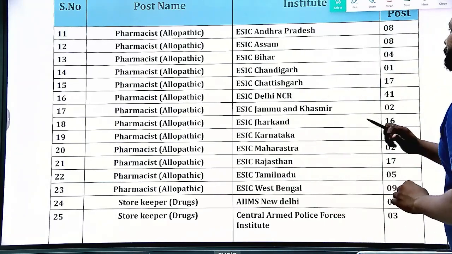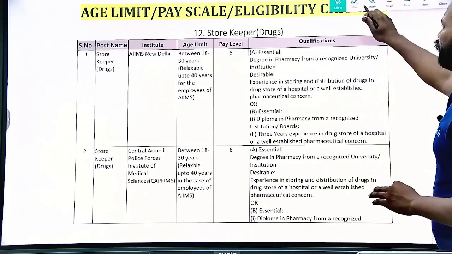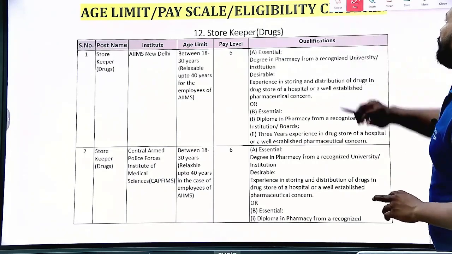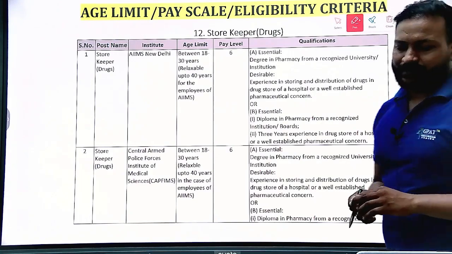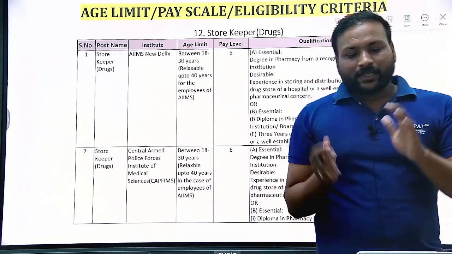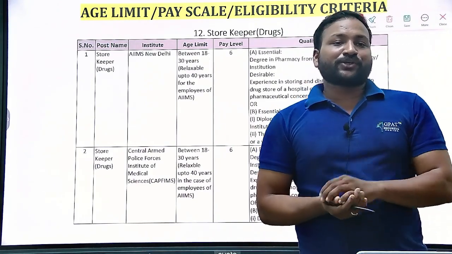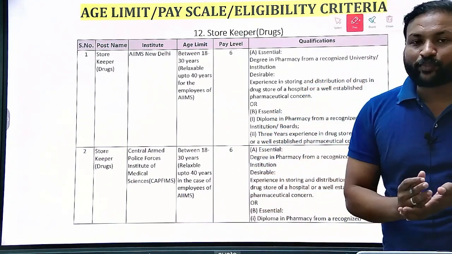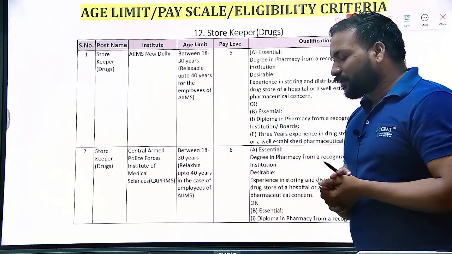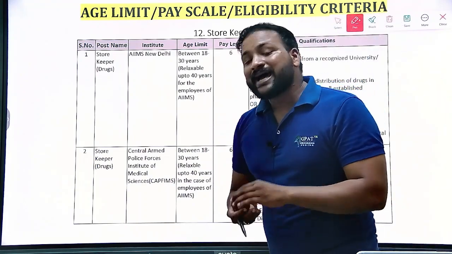Yes, and next, as it is a central level examination for central pharmacist, the pay scale is also very important to discuss, but along with that we need to look at the age limit.